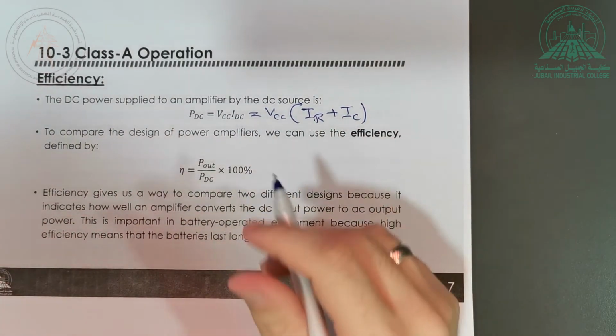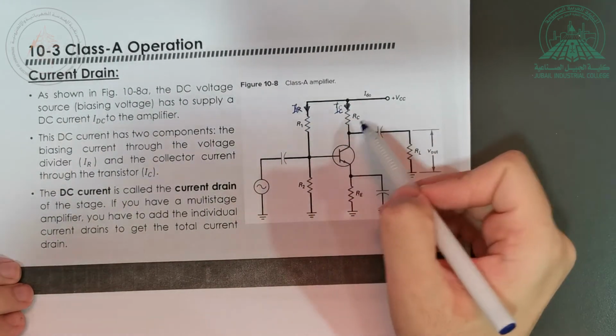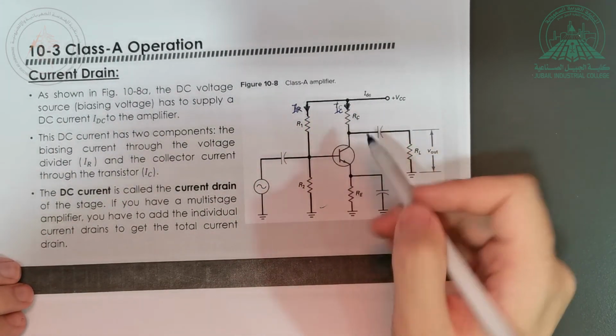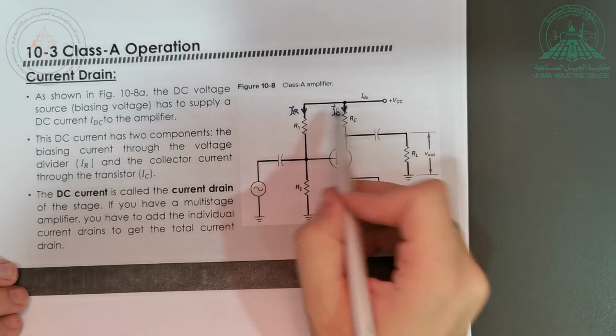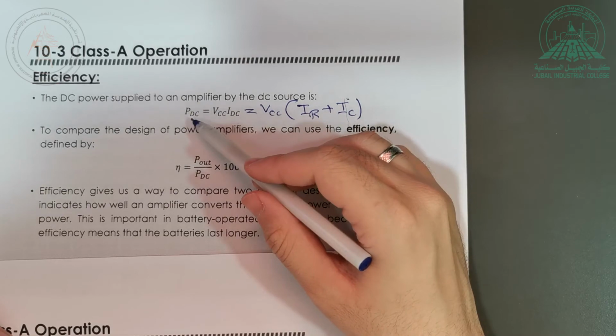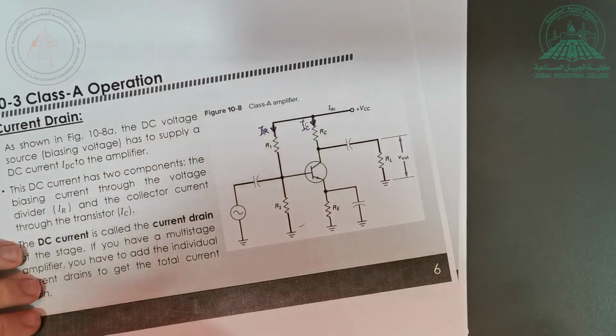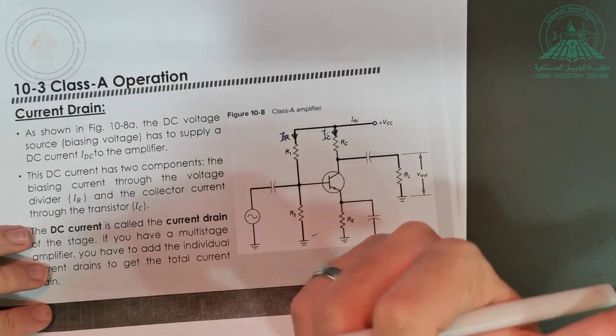Now look, if you look at this circuit, I can actually make this IR small. How can I increase the efficiency of the device? How can I make these currents small? Because if this current is small, the supplied power is small. This is similar to the trick that we did with the power regulator.